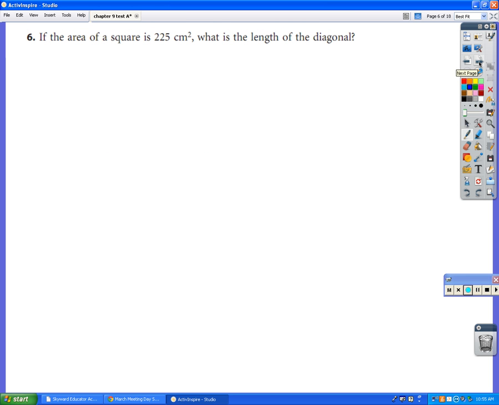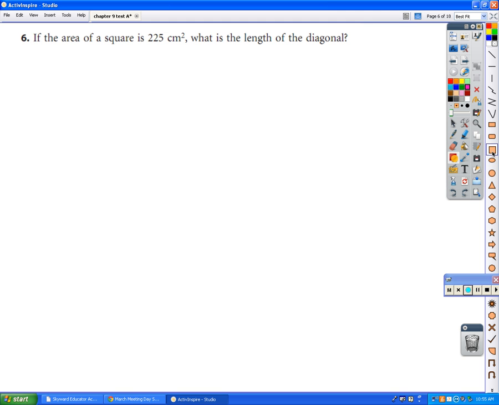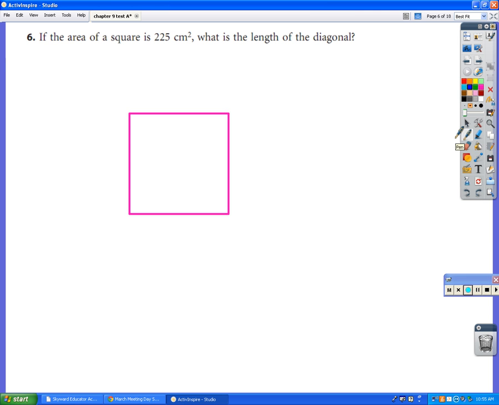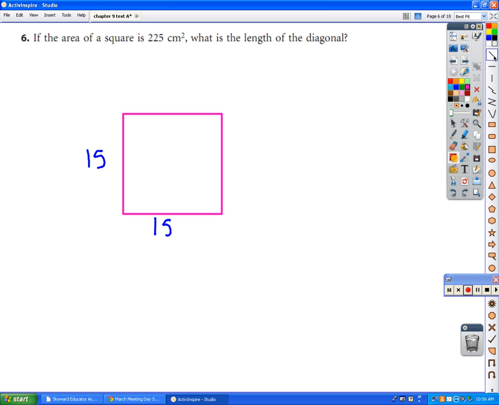All right, the area of the square is 225 square centimeters. What is the length of the diagonal? So if the square has an area of 225, what are the lengths of the sides? 15, and you know that because 15 squared is 225.